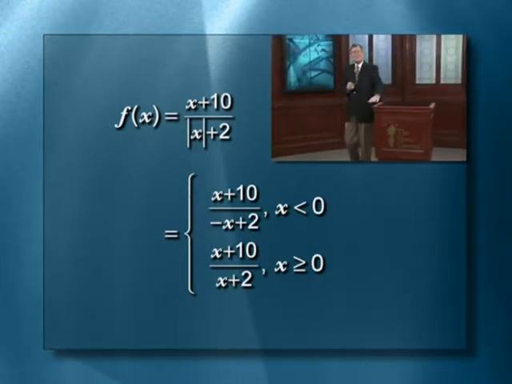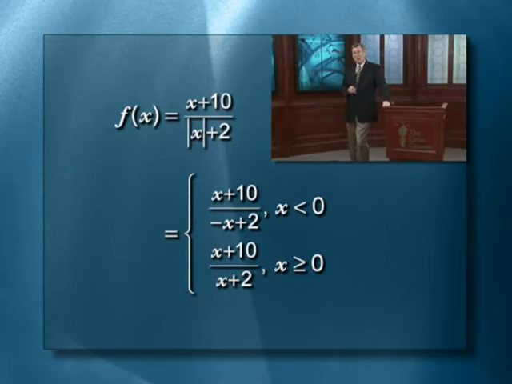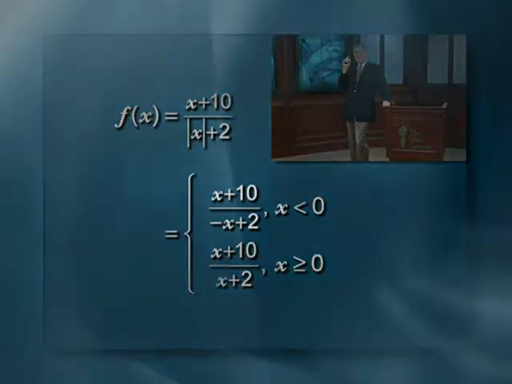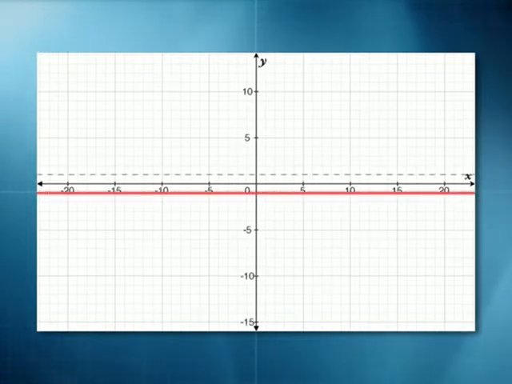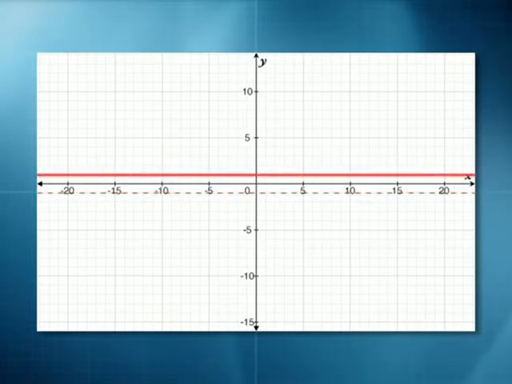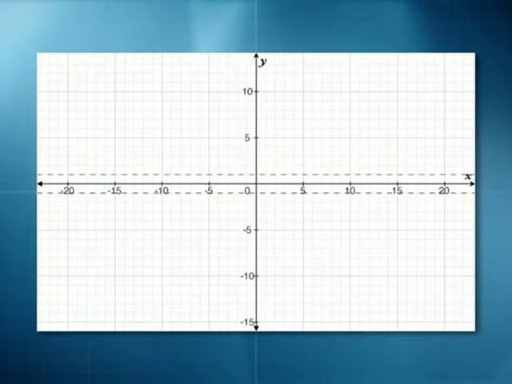Now look what happens. Look at these two rules. When x is less than 0, say going to minus infinity, the quotient of the leading coefficients is 1 over minus 1, so it has a horizontal asymptote of minus 1 to the left. But to the right, the horizontal asymptote is 1 because the quotient of x plus 10 over x plus 2, the leading coefficients are 1 over 1 or 1.